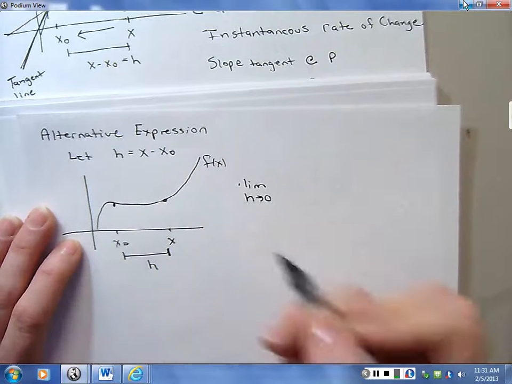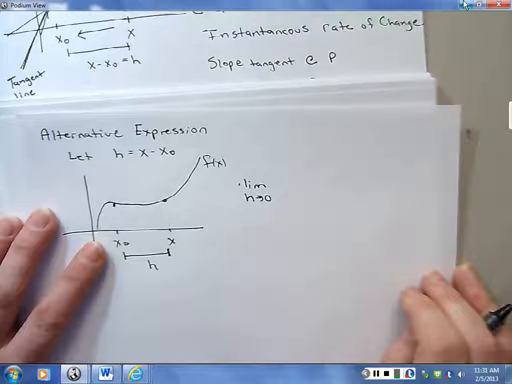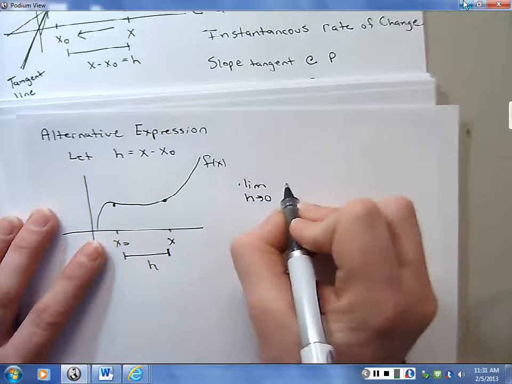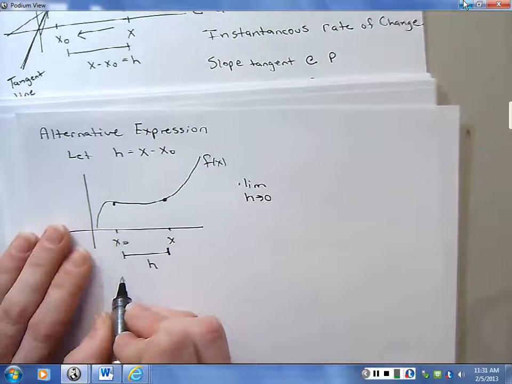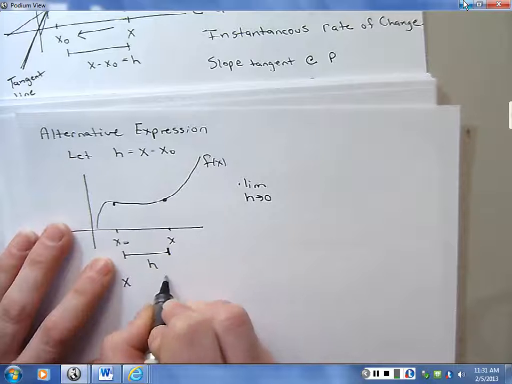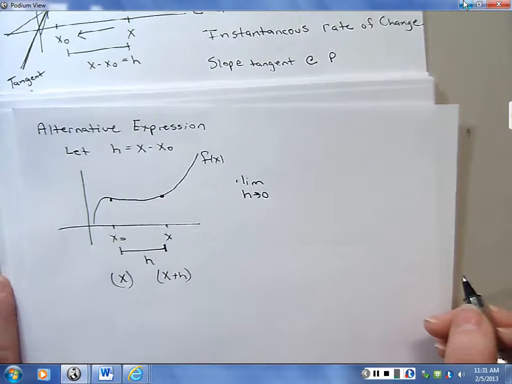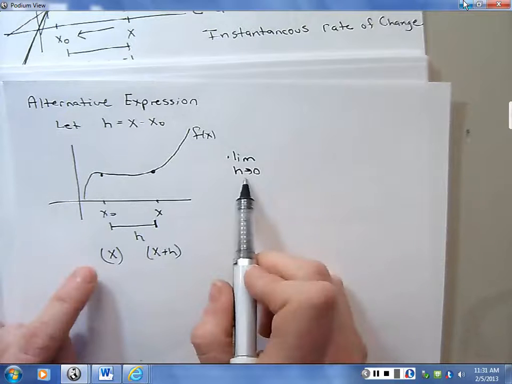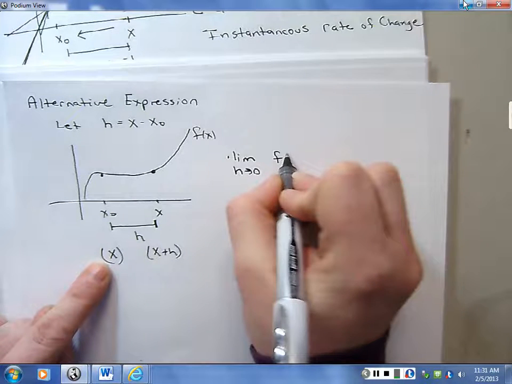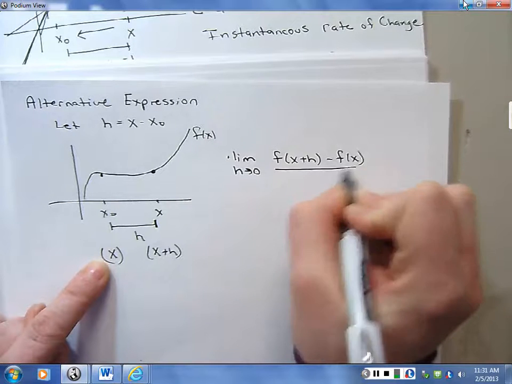I could rename the point x, and this point would be x plus h. So do you guys see that? It's just naming them something different. So this would be f of x plus h minus f of x over h, right?